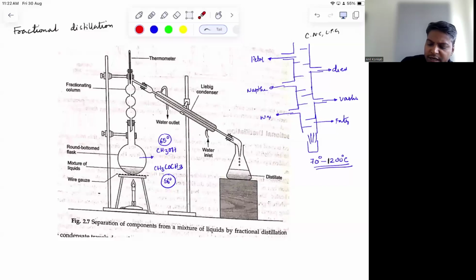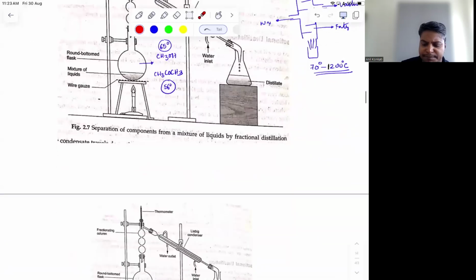These are the ones which you will get here, which will have methane, butane, and all these compositions. Then we'll get slightly lower distillates, you will get petrol. Further, if you go after certain distillation columns, you'll get diesel. After that, you'll get naphtha. Then you'll get wax. Then lastly, you will have fatty acids and all. Okay, that's how the separation is being done using fractional distillation. Okay.